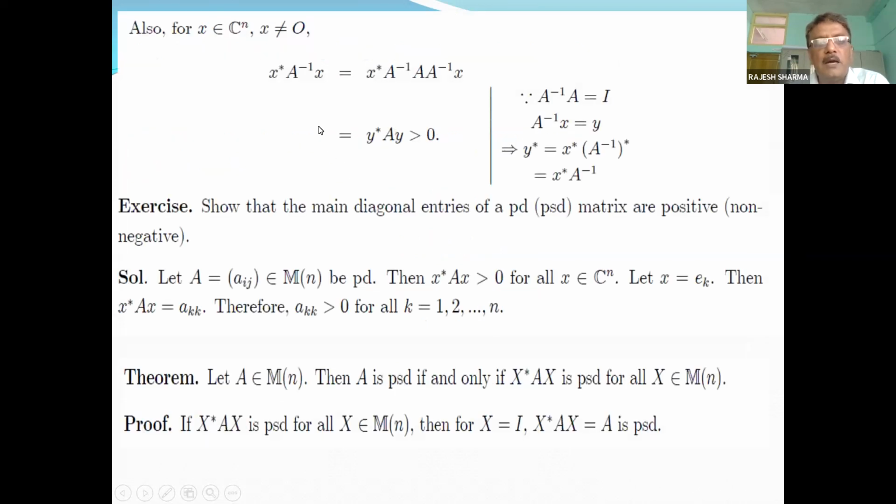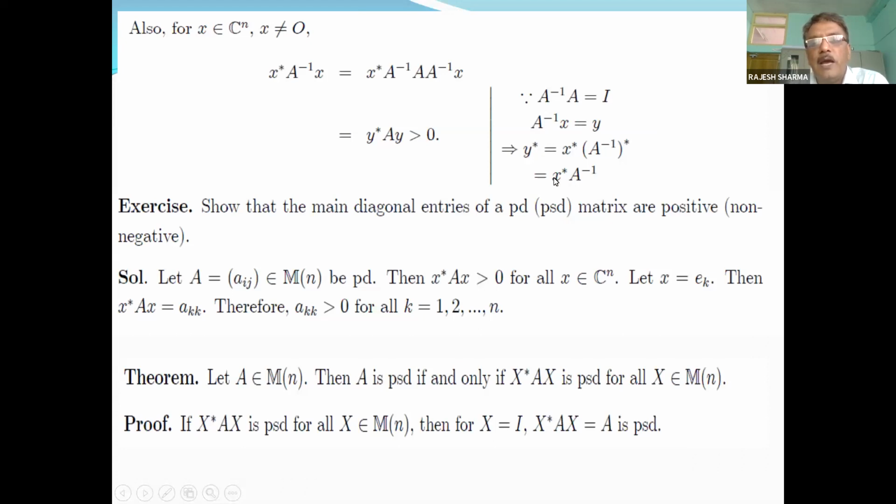Now x star A inverse x, we now show this positivity. This can be written as x star A inverse A A inverse x, because A A inverse is identity. And now put A inverse x equal to y. Then calculate y star, this comes out to be x star A inverse star, and we have shown that this is Hermitian.